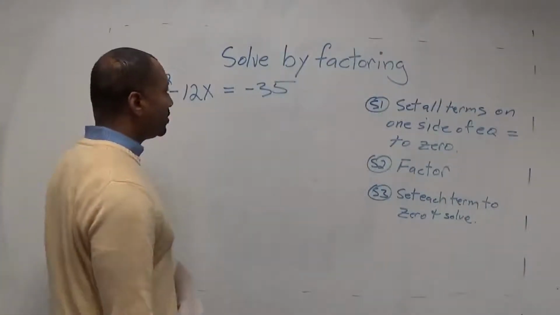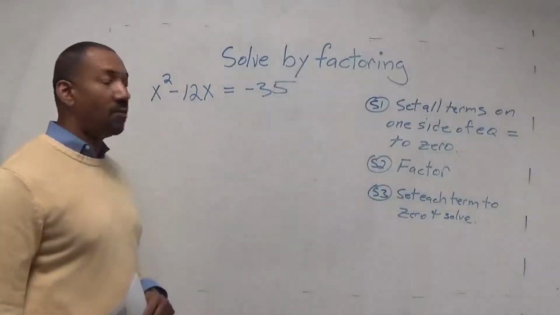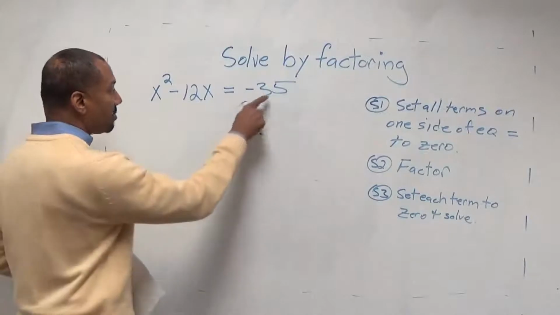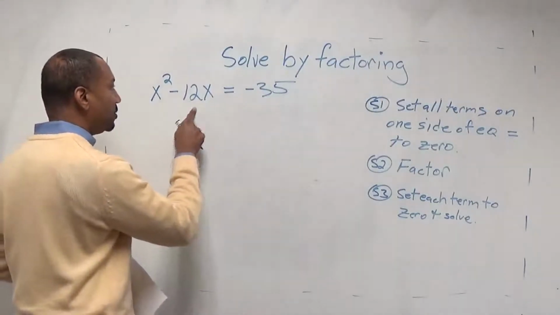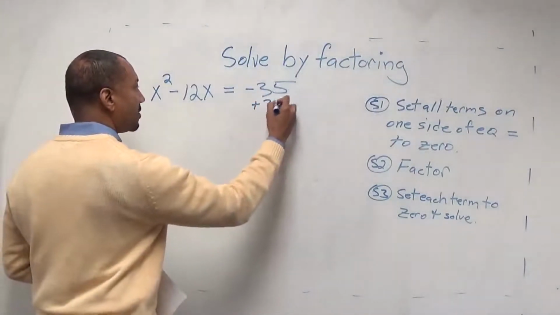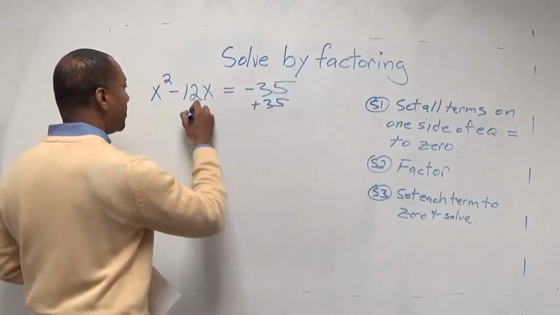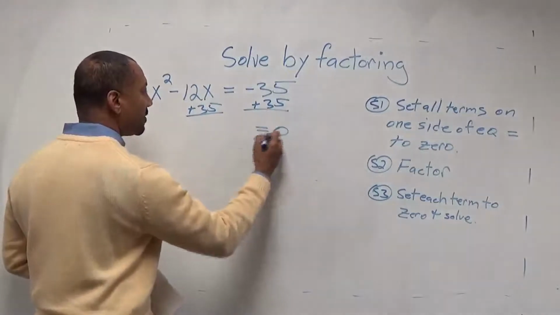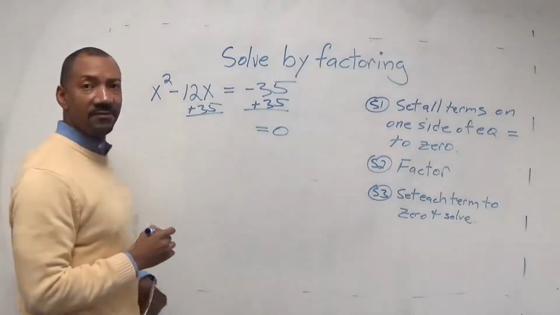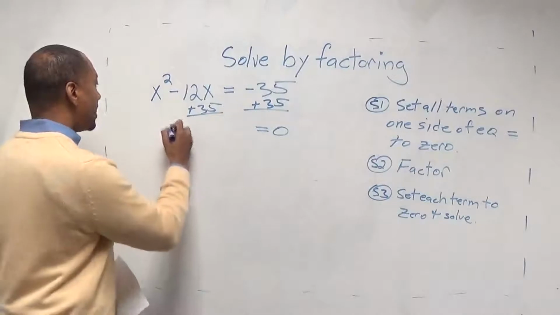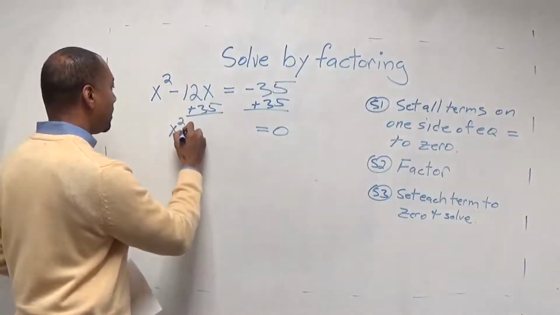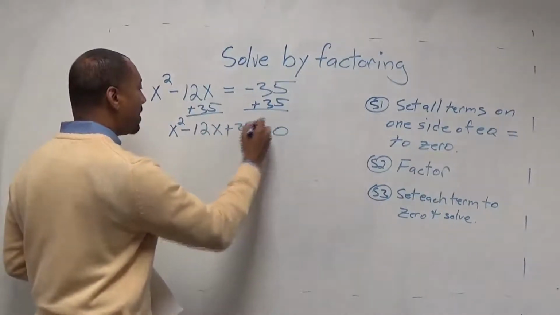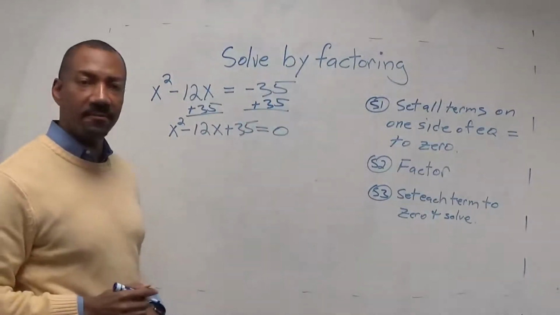Step 1, we need to make sure that all terms are on one side of the equation and set equal to 0. So let's go ahead and bring this piece over with these other two. We'll simply add 35 to both sides. Doing so gives me the 0 that I want on one side of the equation, and I've got x squared minus 12x plus 35 on the other.